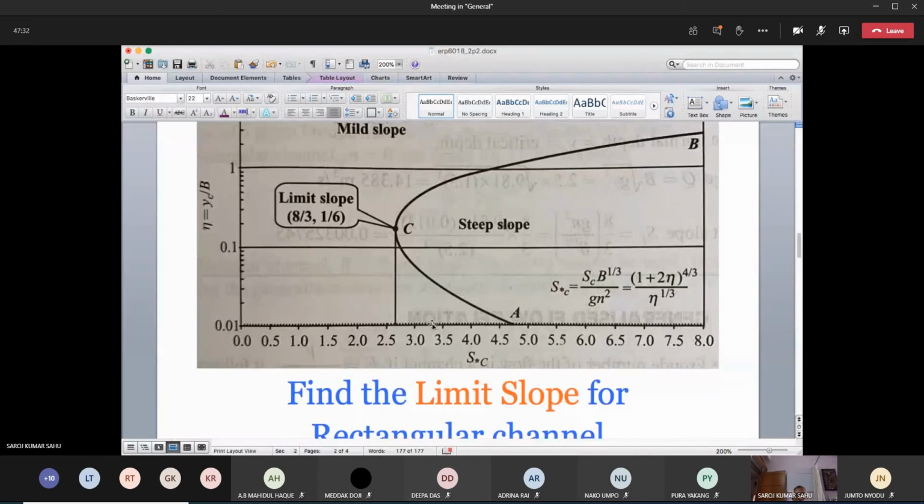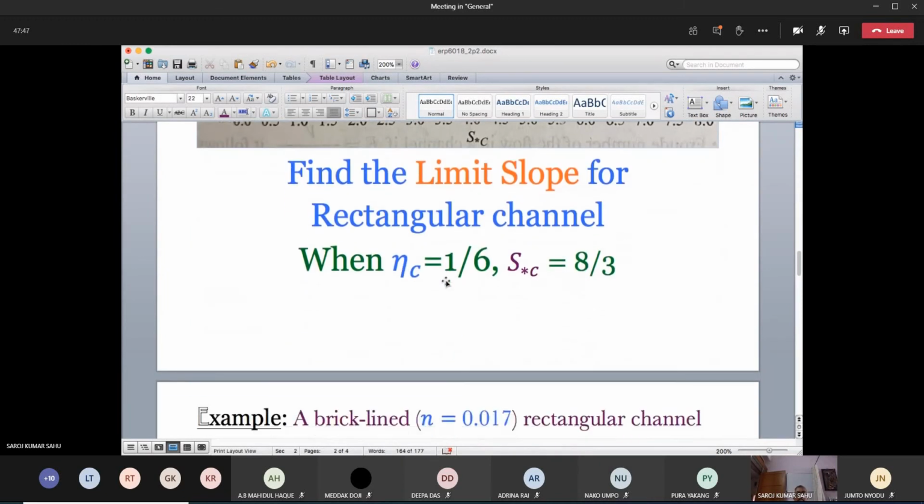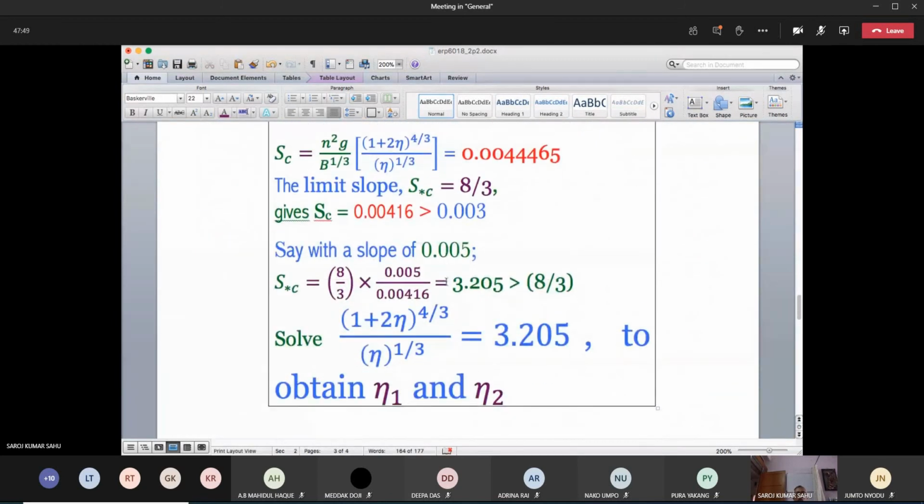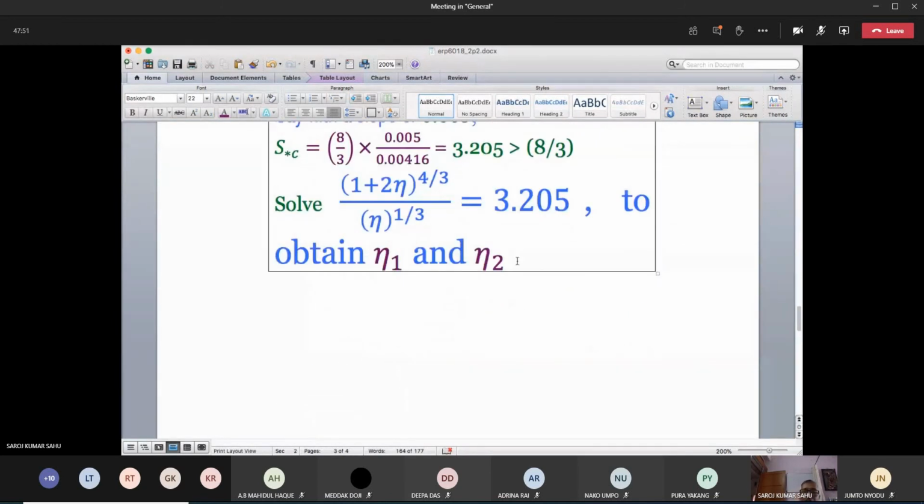At 3.2, if I draw a vertical, this point here and this point here, I'll get two points. They are eta 1 and eta 2. They will correspond to, after multiplying by b, y1 and y2.